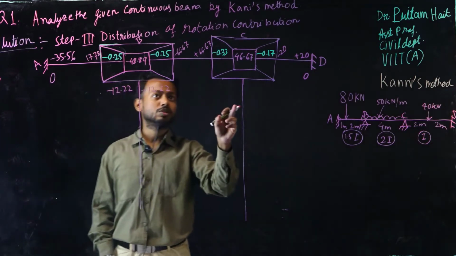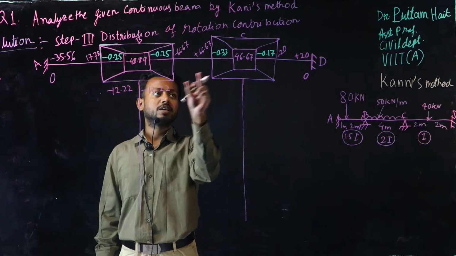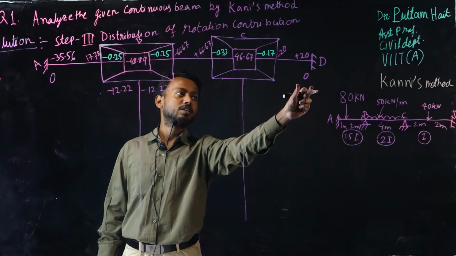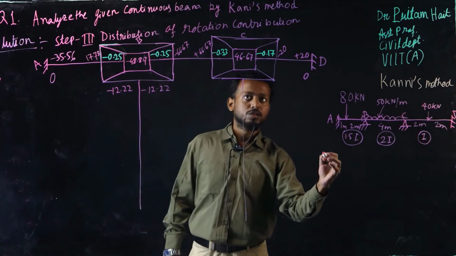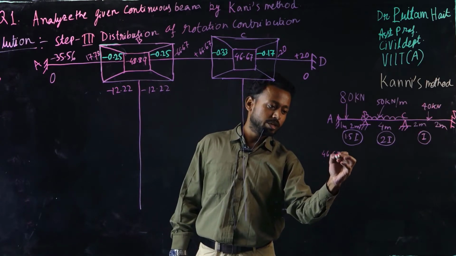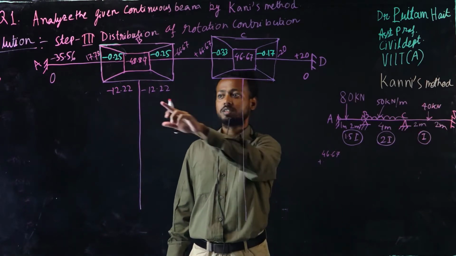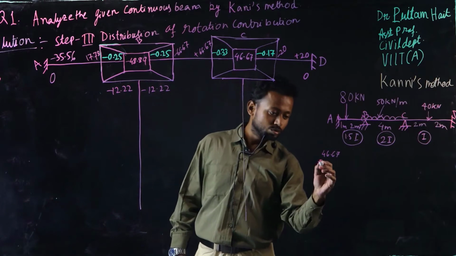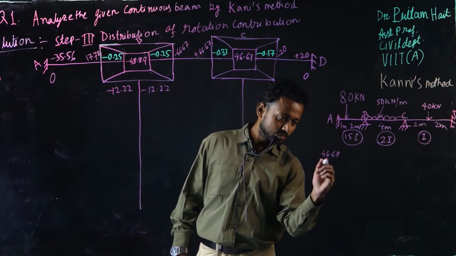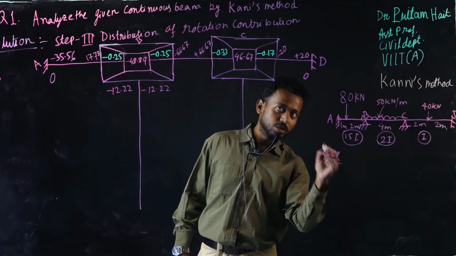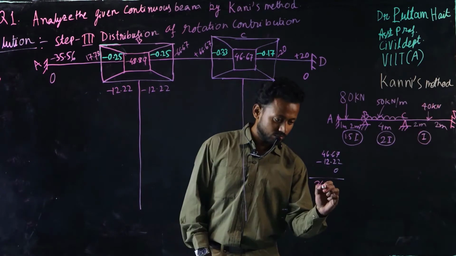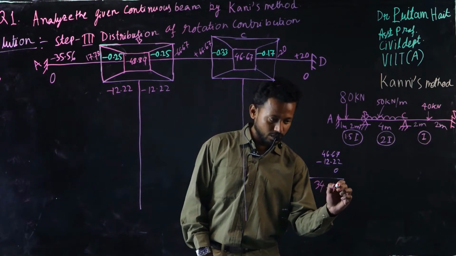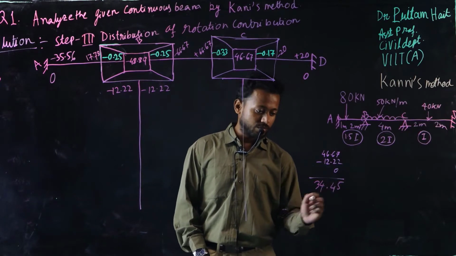Now come to this side, you add this moment and this moment. What will you get? 46.67 plus minus 12.22 plus 0, that is 34.45.